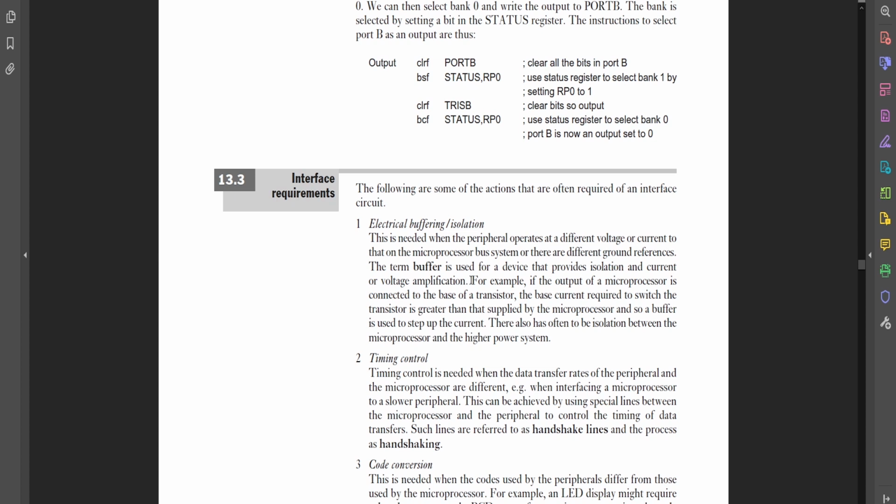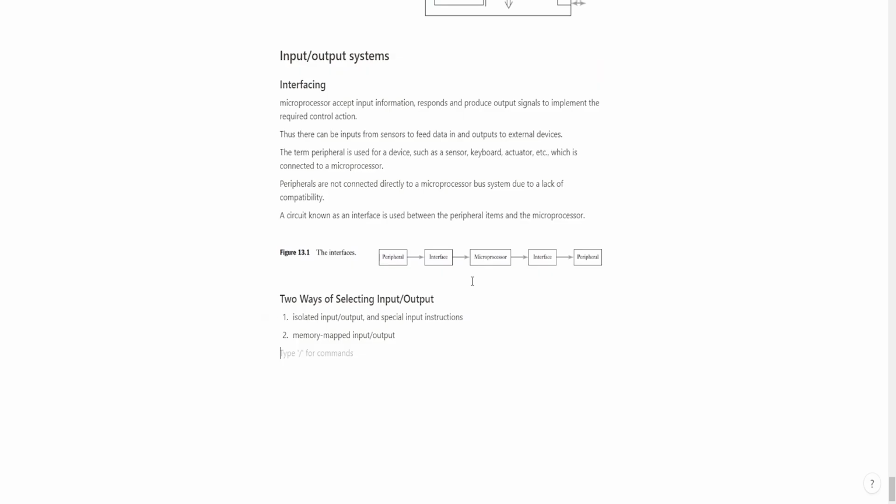Okay, so interface requirements. The following are some of the actions that are often required of an interface circuit. Got it.